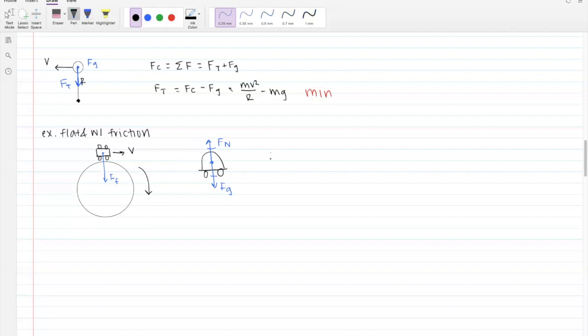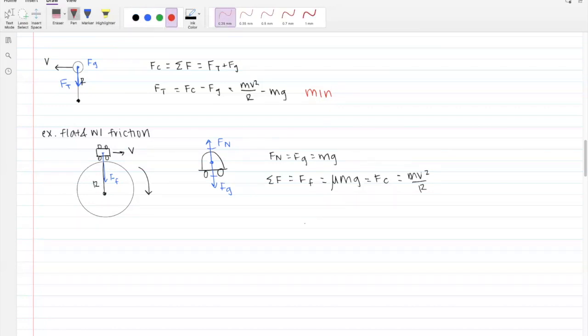Therefore, we can write Fn is equal to Fg, which is equal to mg. And the sum of all of our forces is equal to the force of friction, which is equal to mu mg, which will then equal our centripetal force, which is equal to mv squared over r. Let's say that this radius is r here.